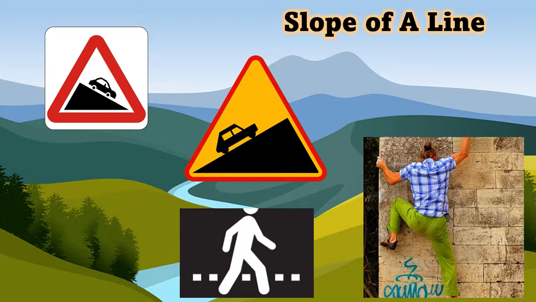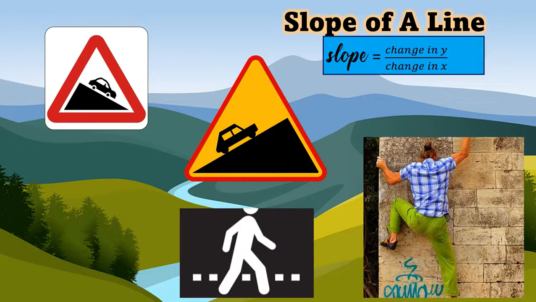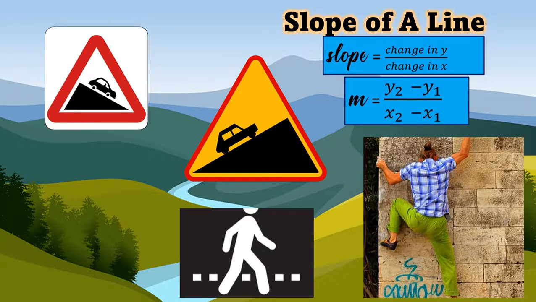The slope represented by the small letter m tells us how steep a line is. It is solved using the formula change in y over change in x. In symbol, we have m equals y sub 2 minus y sub 1 all over x sub 2 minus x sub 1.